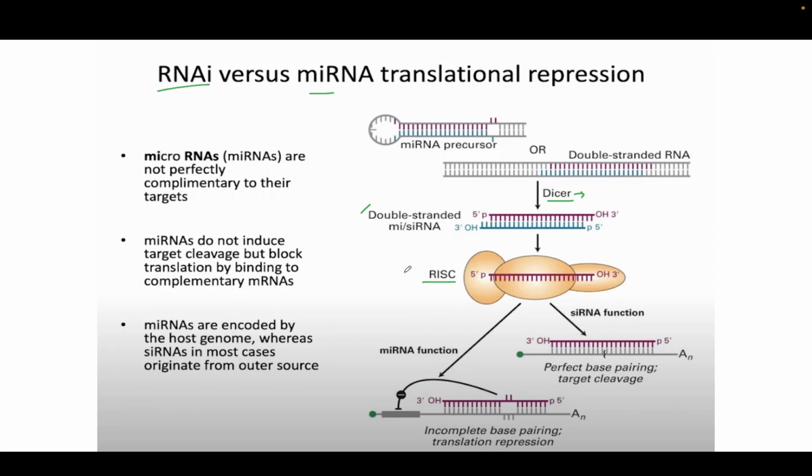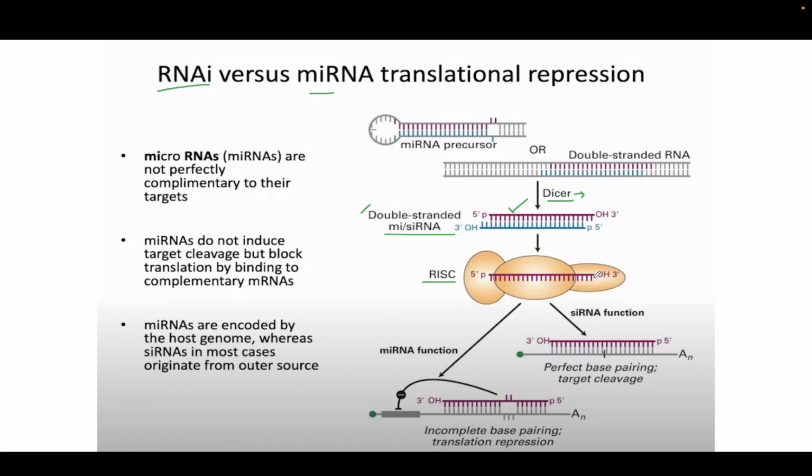It is a multi-protein complex which incorporates one strand of small interfering RNA or microRNA. It is using one strand of the double stranded RNA, which is miRNA or siRNA, as a template to recognize a complementary mRNA. Got it?